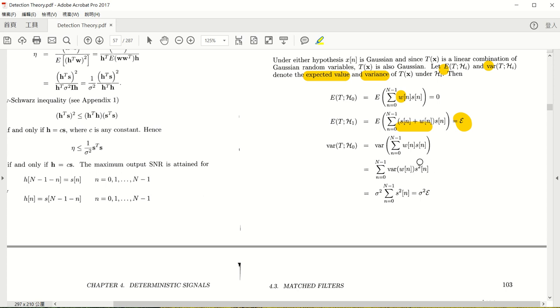That's a probability identity. So that S goes out, becoming S squared, and this summation actually goes out of the variance.